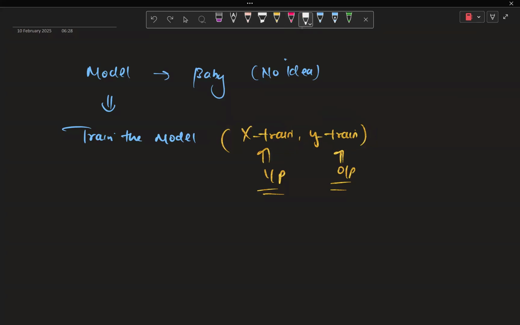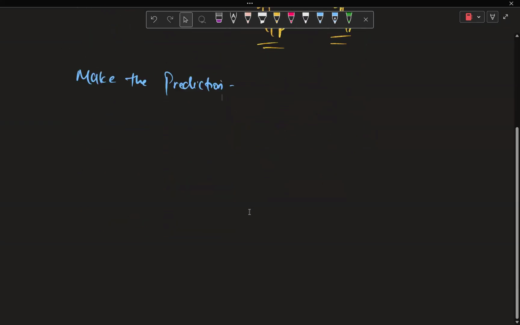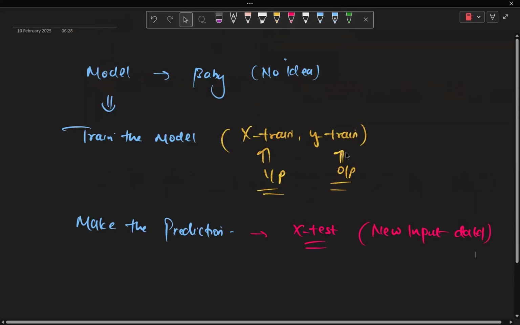Once your model has learned everything, then what do we do? We make the prediction. It will make the prediction on which data? It will make the prediction on X test. What is X test? New input data. It will be new data for your model, because in the learning process, what kind of input data has it seen?